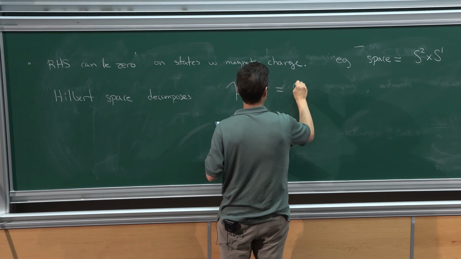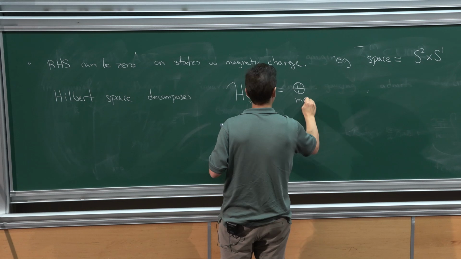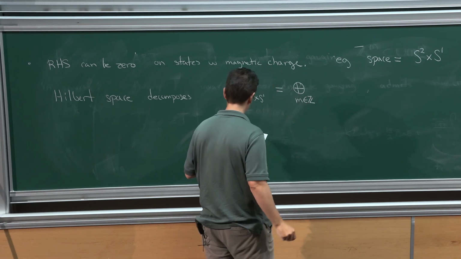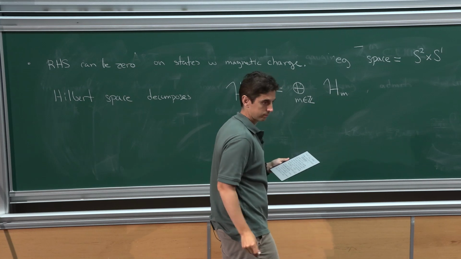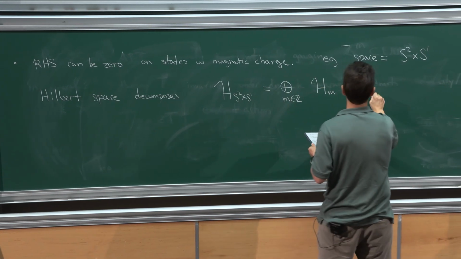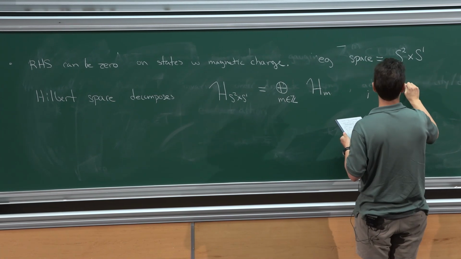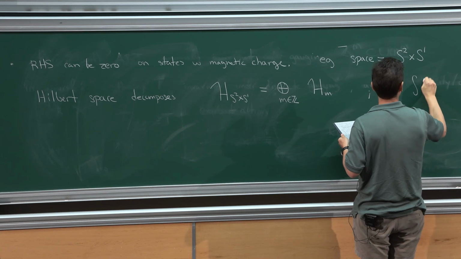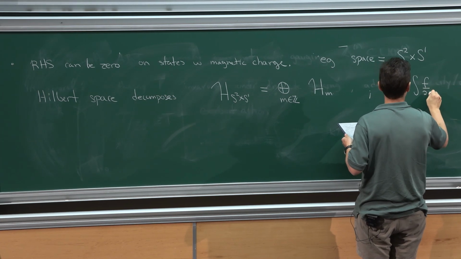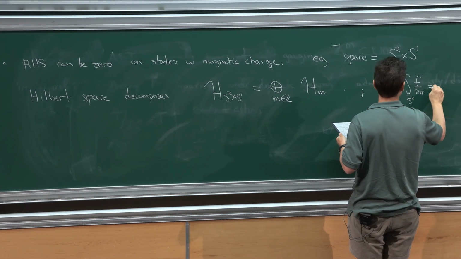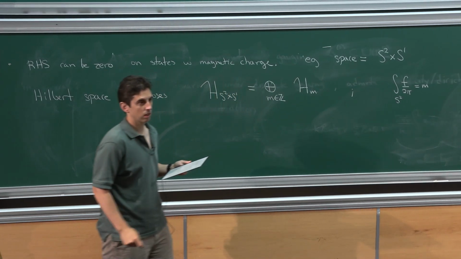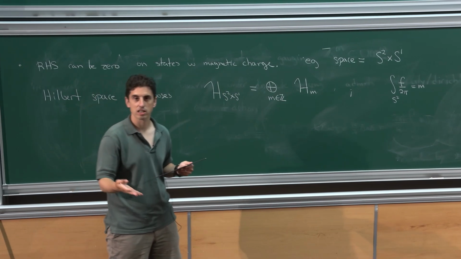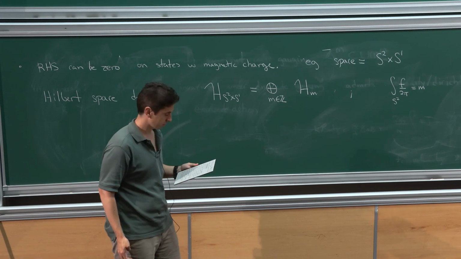It's a direct sum over integers m of these sectors that I'll call H_m. And what is H_m? On H_m, the integral of F over 2 pi on this S2 is equal to m. So these are the sectors carrying definite magnetic charge.